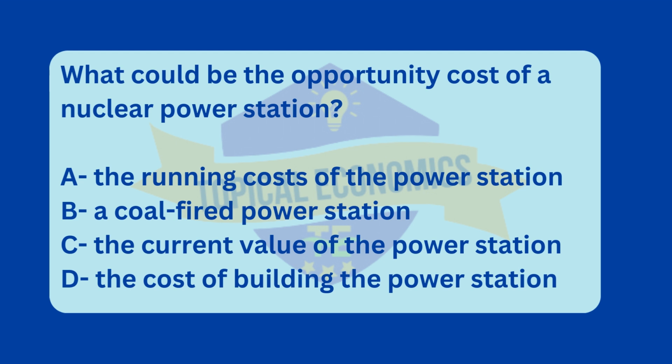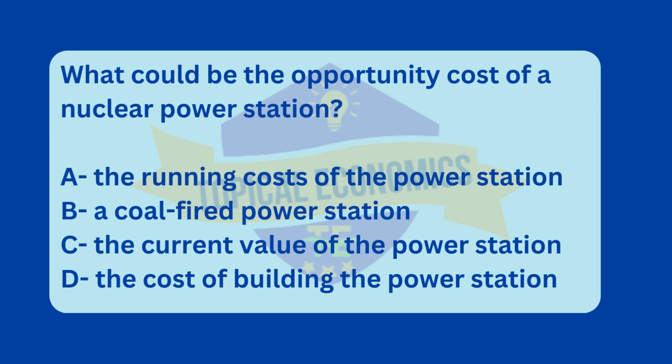Analyzing the other options. Option A, the running costs of the power station, is incorrect because the running costs are ongoing expenses associated with the operation of the nuclear power station, but opportunity cost focuses on the value of the next best alternative foregone at the time of making the decision, not the operational costs. Next, option C. The current value of the power station is incorrect, because the current value of the power station is not the opportunity cost.